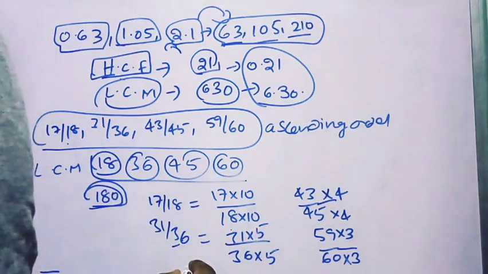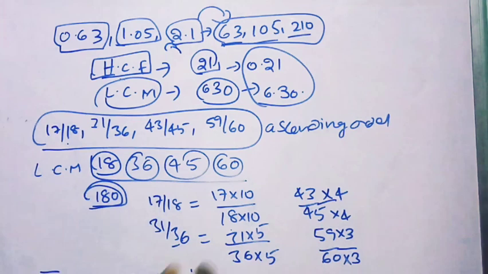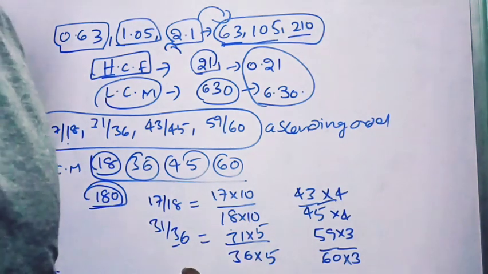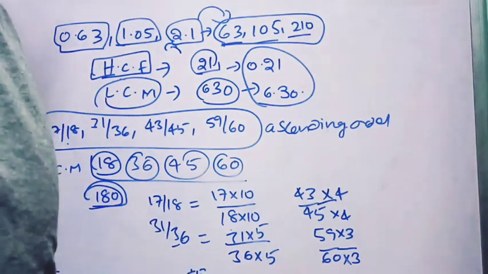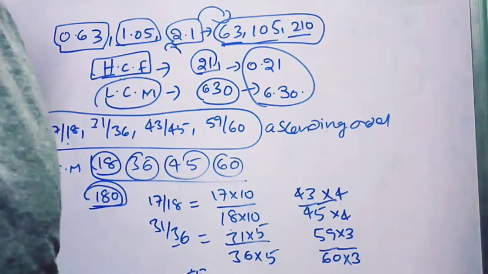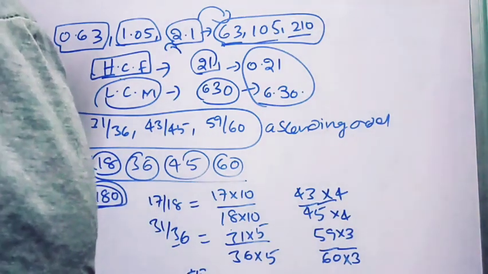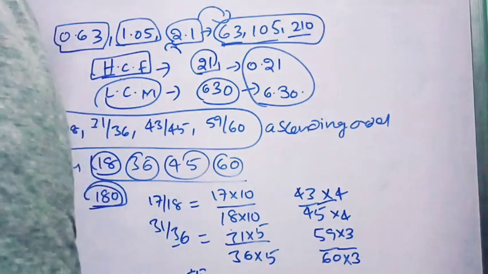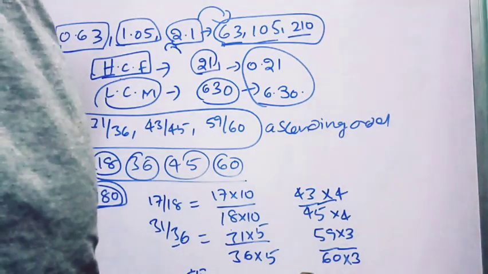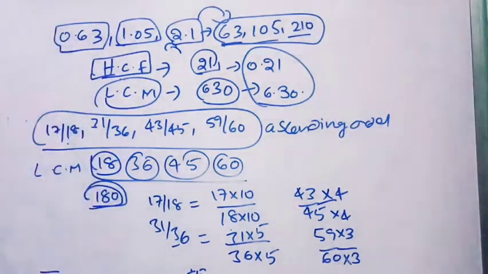Then the next one is 172 divided by 180, and the next one is 177 divided by 180.